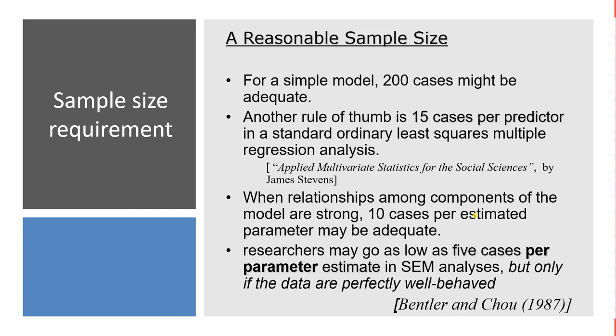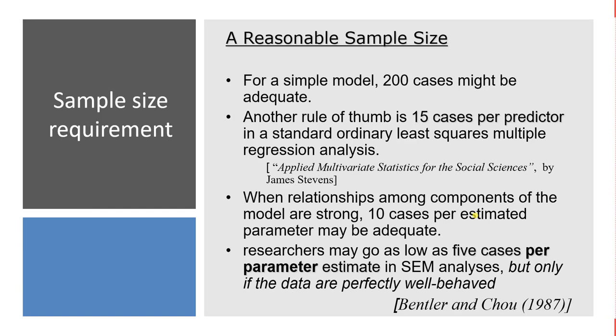And there are several rules of thumb. One such rule of thumb is that if the model is not very complex, it is a simple model, then the data on 200 participants may be sufficient to test that simple model.